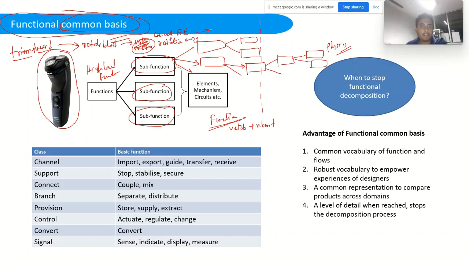After that, it is electrical energy. So electrical energy is the input and trim beard is the high level output.